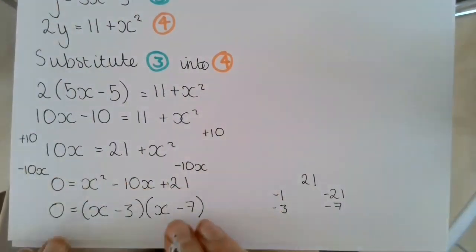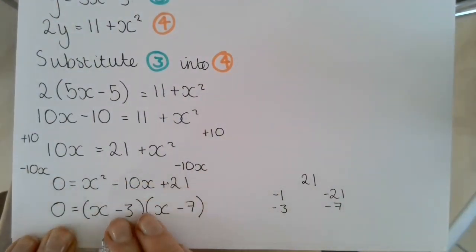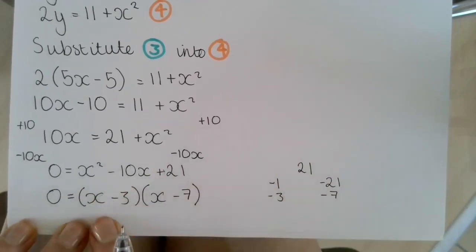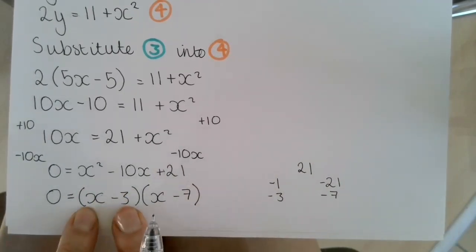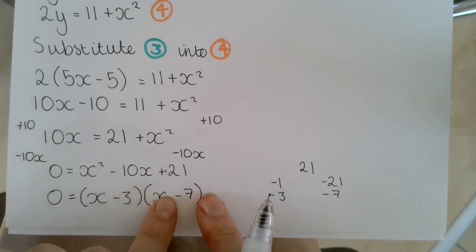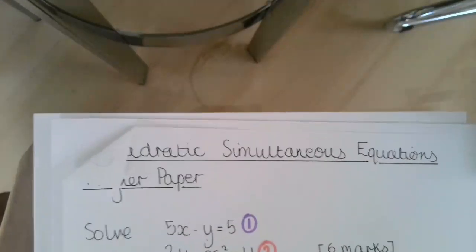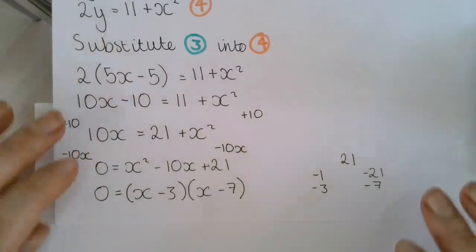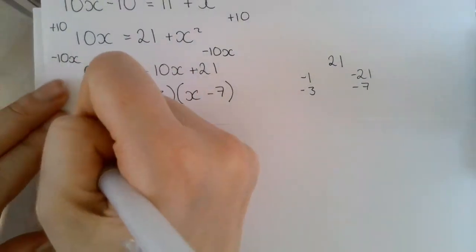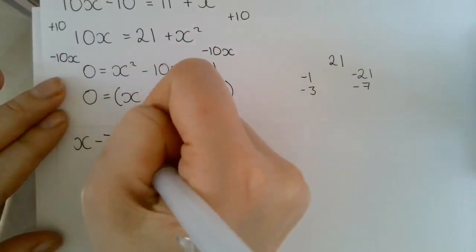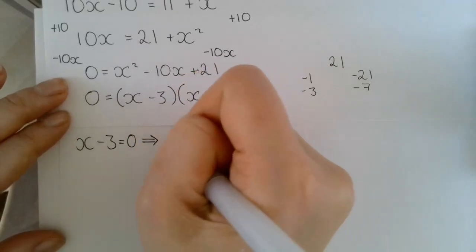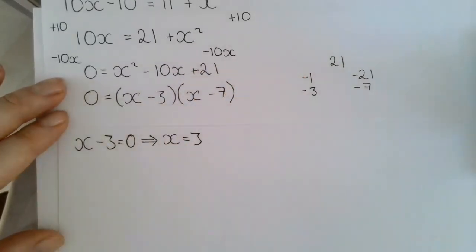So looking at the quadratic that we've just factorised, if this is equal to 0, then we know that one of these brackets must equal 0. Now if x minus 3 is equal to 0, then we must have x equals 3.